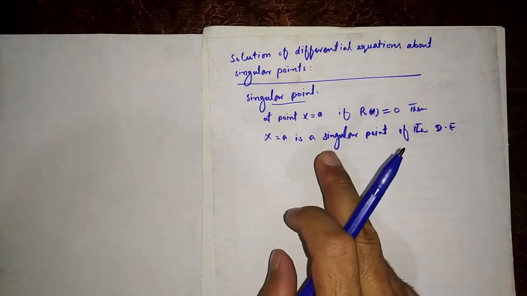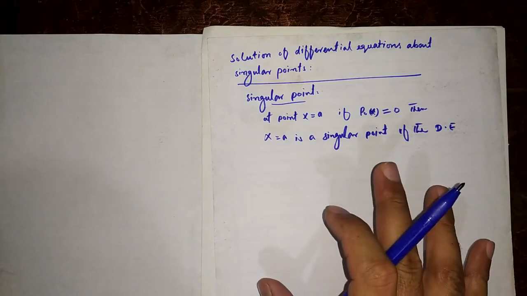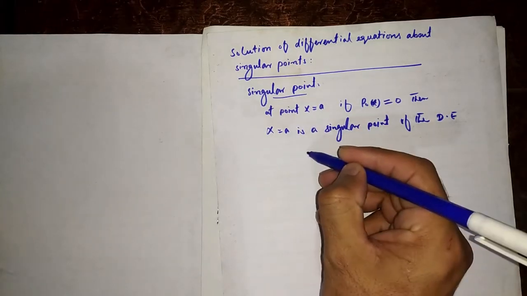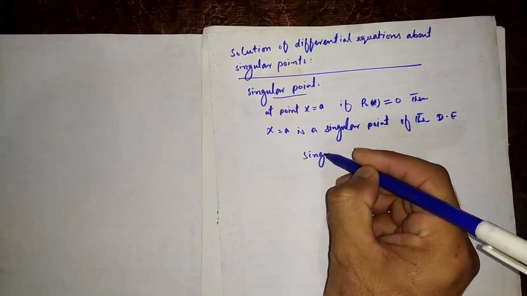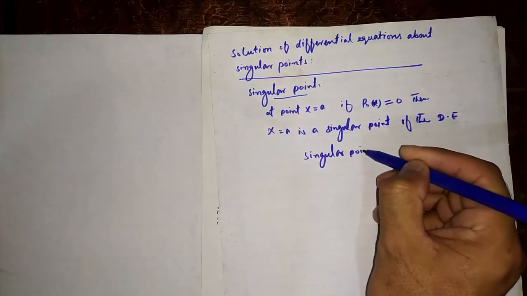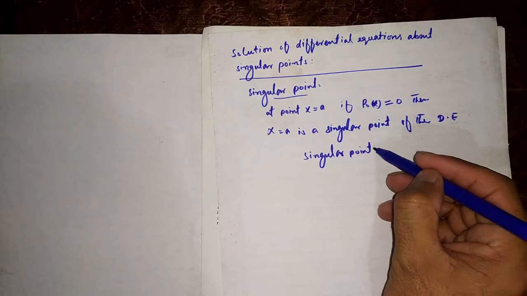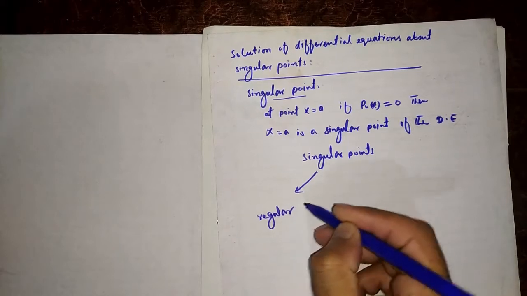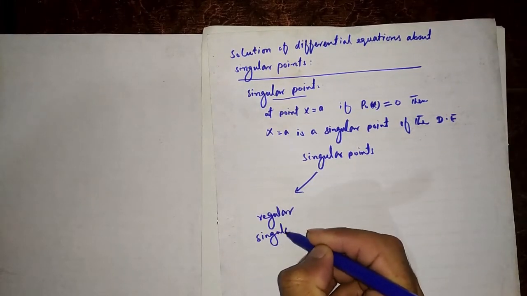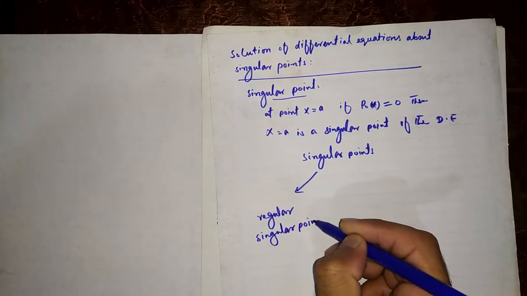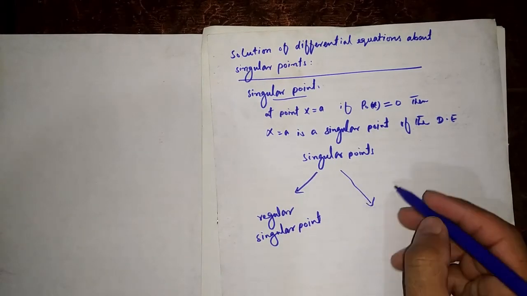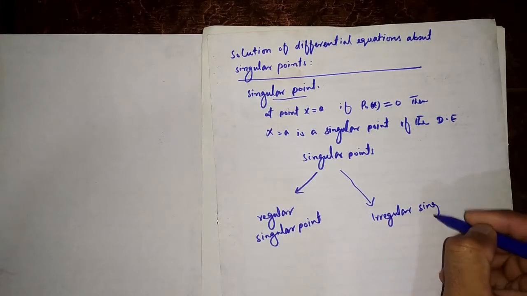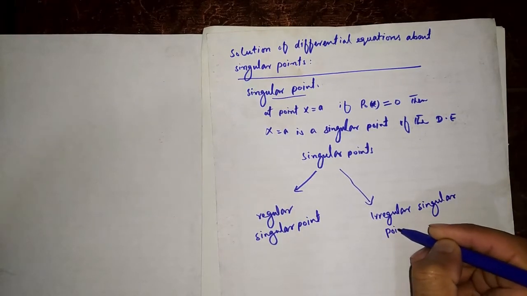So singular points are of two types. One is the regular singular point and the other is the irregular singular point.